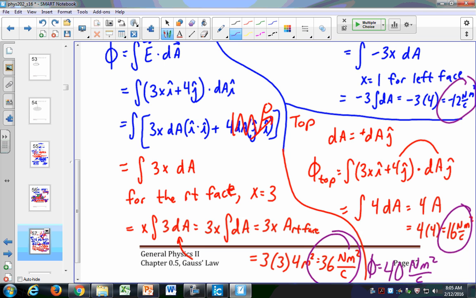Just add up those three. Now that's not the total flux through the cube. We'll come back to this problem a little bit later after we see Gauss's law, and we'll calculate the flux for the other three faces. It works out largely the same way, and we'll figure out the total flux for the whole cube. But for those three faces, the flux is 40 Newtons per Coulomb meter squared.